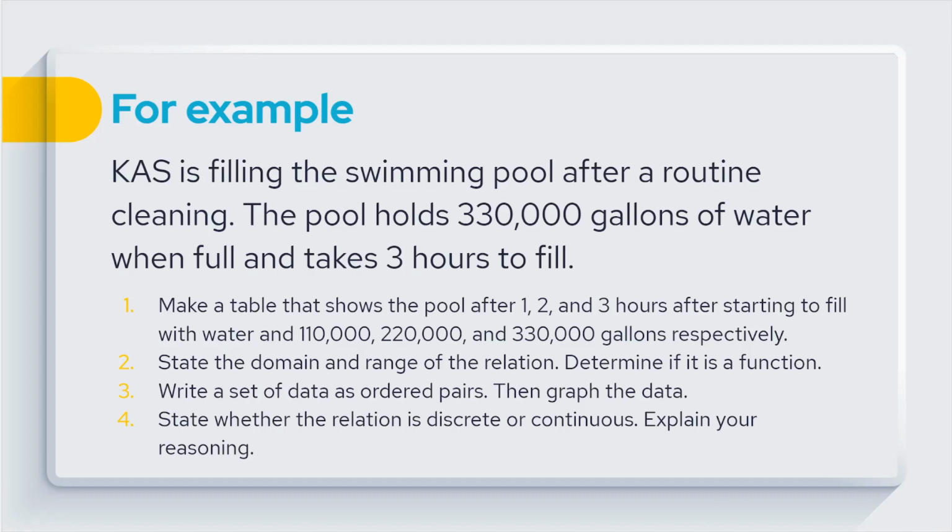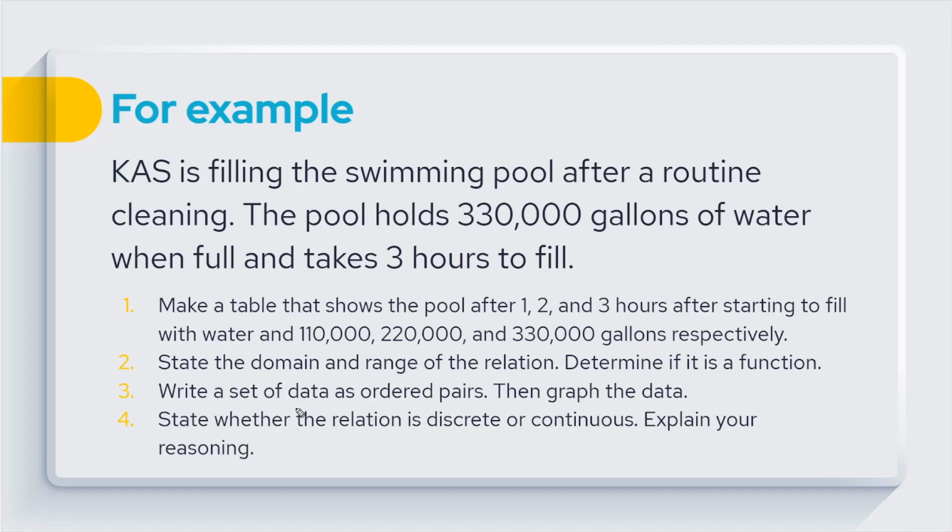So again, we're going to make a table, but this time we're given some values. After 1 hour, 2 hours, and 3 hours, the water is this full. State the domain and range of the relation. Determine if it's a function. Oh, did we do that last time? I don't think we did, but we did write the domain and range in the table.